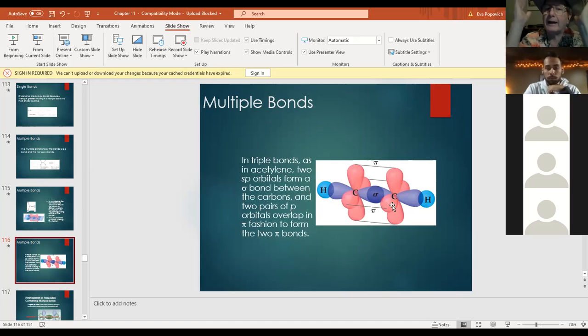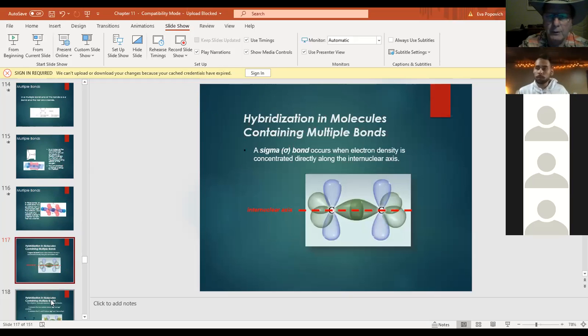I've got p electrons that can interact in a pi bonding fashion. They can go for these 2 lobes and for these 2 lobes. Always, all multiple bonds start with the sigma bond. And it directly tells you what the internuclear axis is.